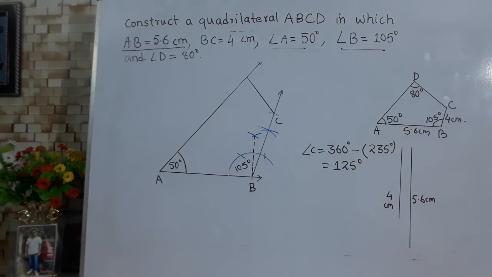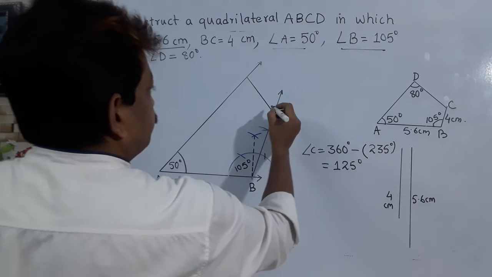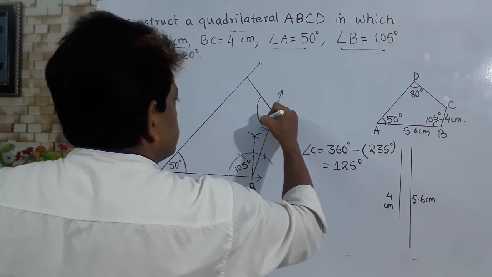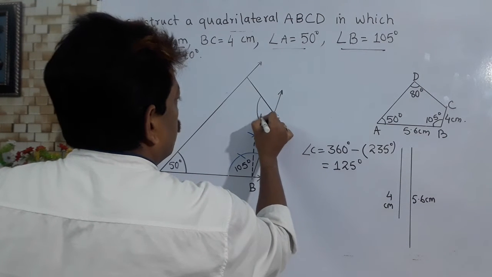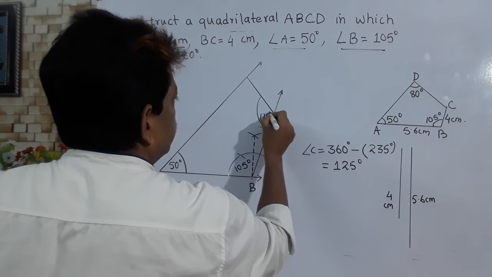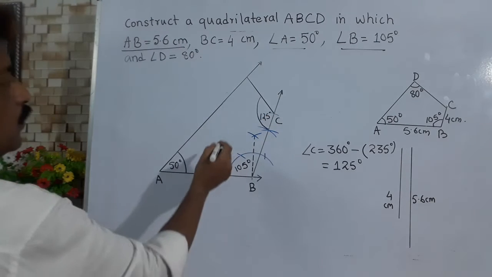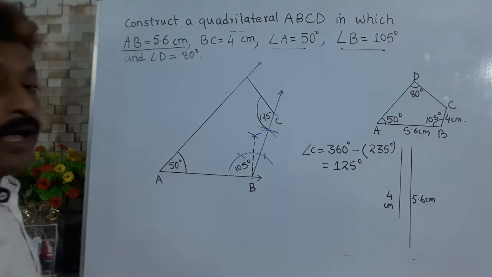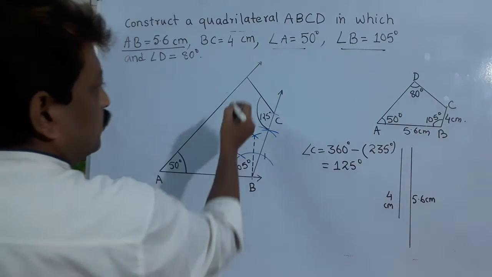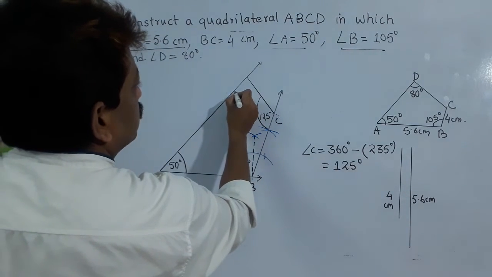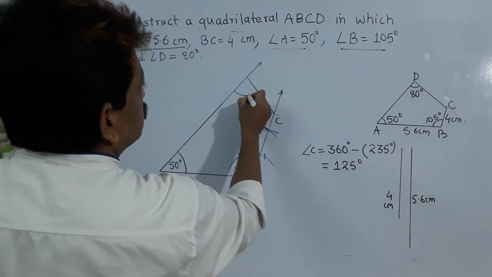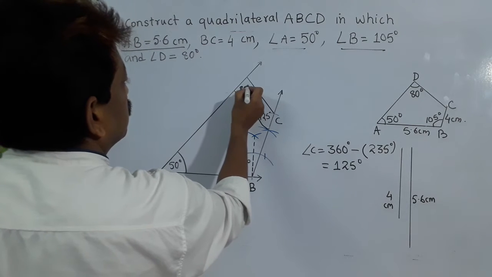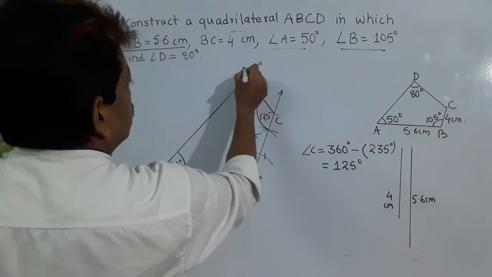Okay. So since this angle is 125 degrees, automatically it will be 80 degrees according to the angle sum property of quadrilateral. So here it is 80 degrees and the point is D.